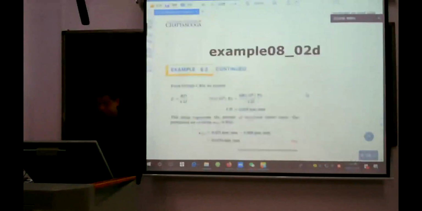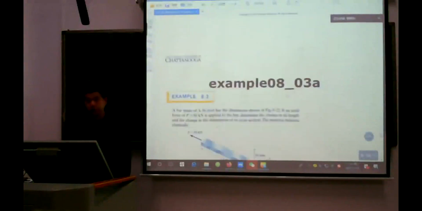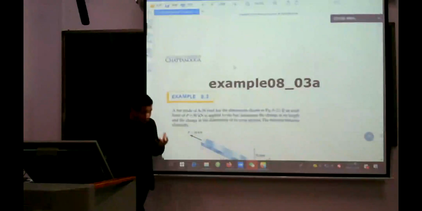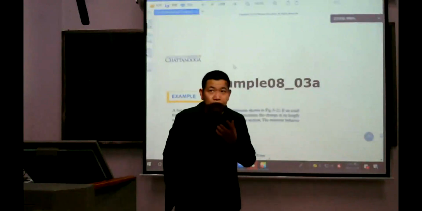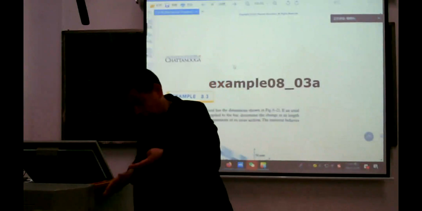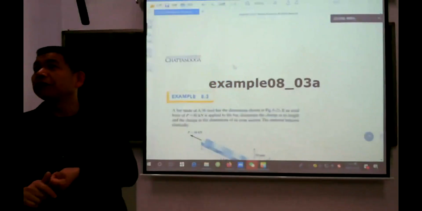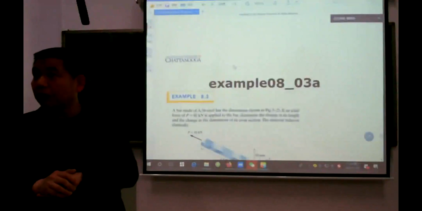So up to now, today I introduced the concepts to describe the property of a material. We know proportional limit, elastic limit, yield limit, ultimate limit, fracture stress.